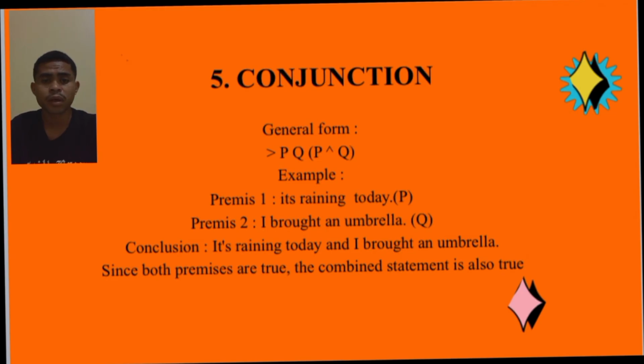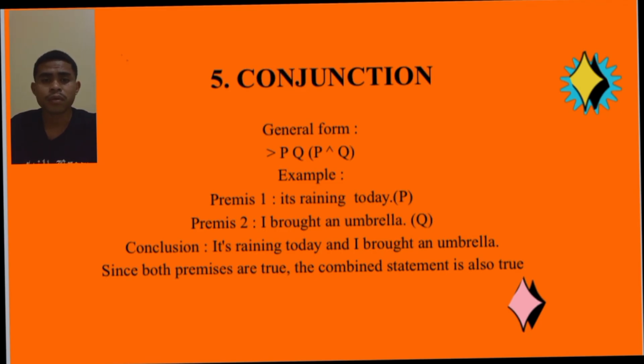In logic, we represent a conjunction with the symbol ∧. A conjunction is true if and only if both of the individual statements are true. If either one or both statements are false, the conjunction will be false.